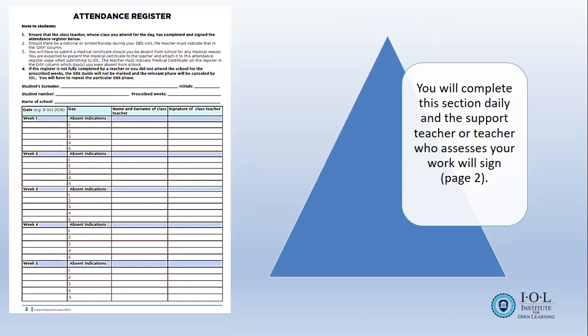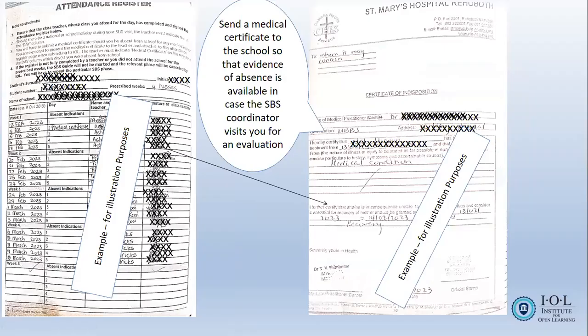Then we have the attendance register. We will give you an example on the next page of how we want you to complete it. You will complete the section daily, and the support teacher or the teacher who assesses your work will sign. Let's look at a completed example here.